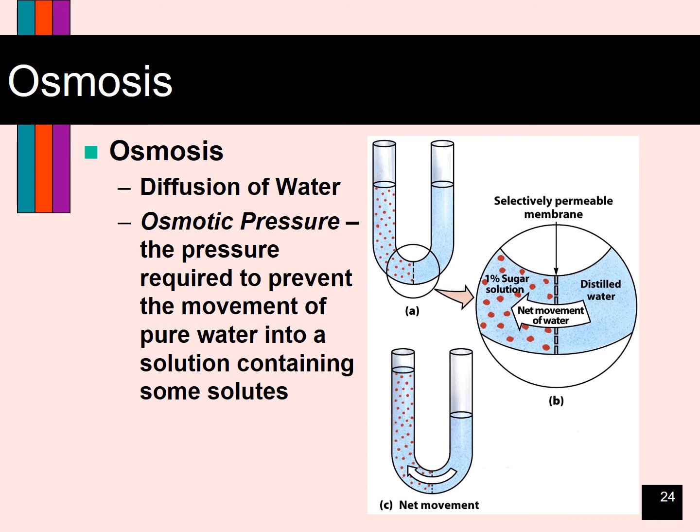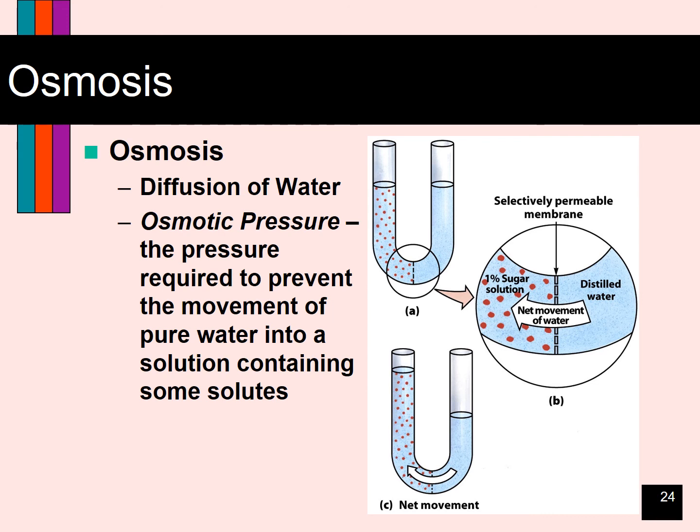Okay, so in this example, if you have a 1% sugar solution on one side of a selectively permeable membrane, and you have no sugar, distilled water, so that would be 100% water on the other side of the selectively permeable membrane, the water is going to move down its concentration gradient.